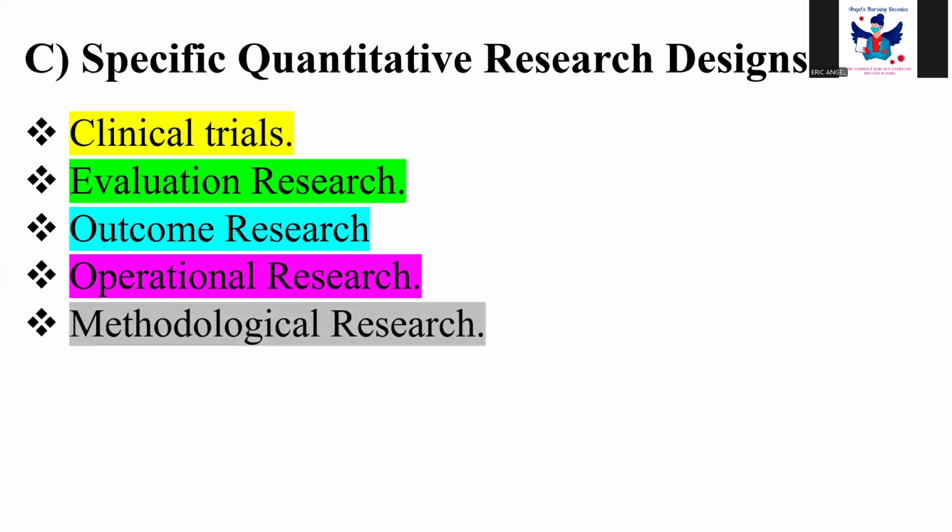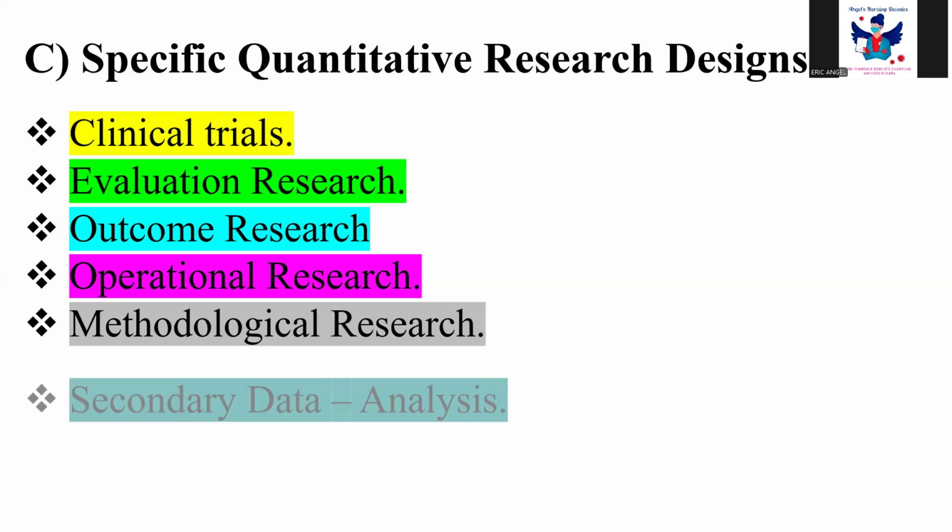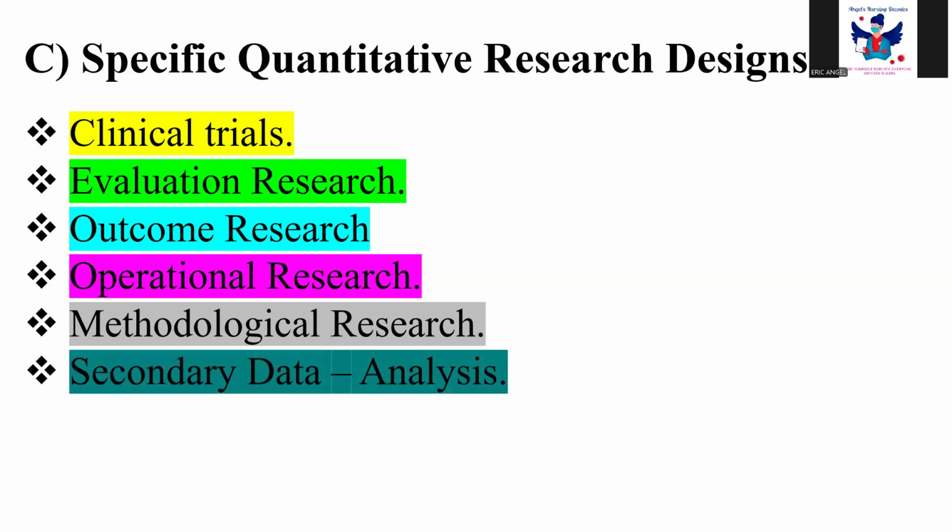It is conducted to develop, test, and evaluate research instruments and methods. Secondary data analysis. It's a research design in which the data collected in one research is reanalyzed by another researcher, usually to test new hypotheses.